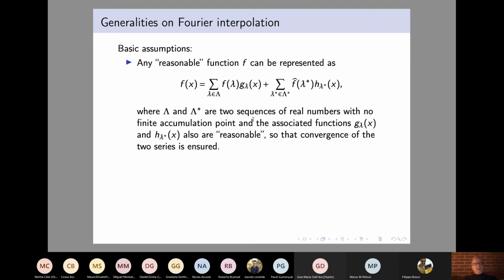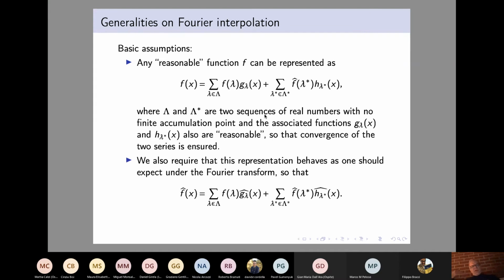So what we are doing is assuming that any reasonable function can be expressed, as we have seen, as a sum over the values of the function at a certain sequence lambda, and the Fourier transform over a certain sequence lambda star, and we have some nice basis functions g lambda and h lambda star. I'm not discussing convergence now, so let's say all functions are reasonable.